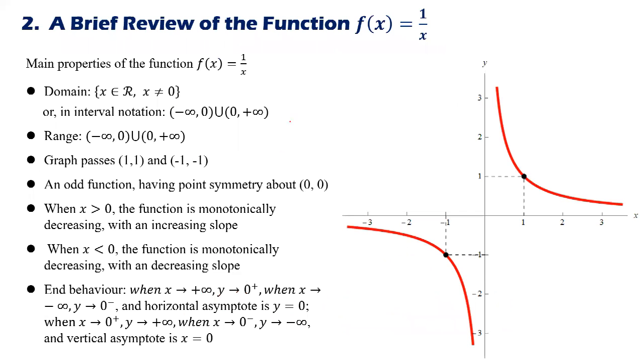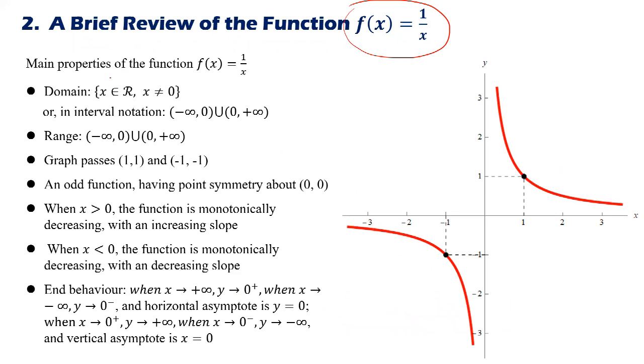Okay, so before we proceed, let's do a brief review of the function f(x) equals 1 over x. We have studied the graph of this function in lesson 1, right? So do you still remember that the graph of this function looks like this, right?